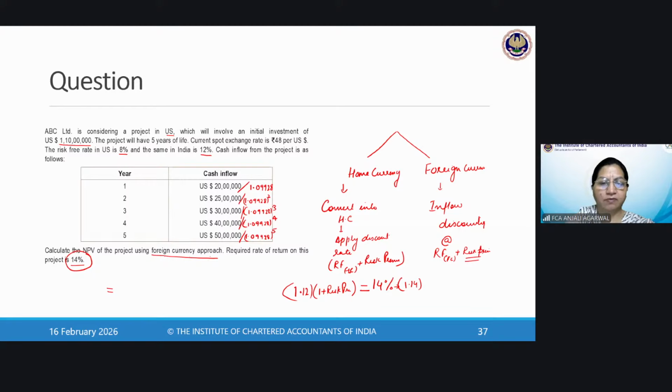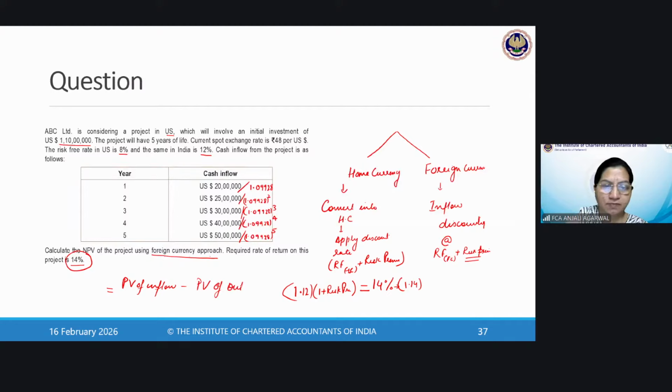So you will get the present value of cash inflows for all the 5 years. You will sum up all the cash inflows and compare it with the initial outflow of 11 million US dollars. If inflow is more, the project is acceptable, but if inflow is less, the project is not acceptable. Calculate the NPV: present value of inflow minus present value of outflow.